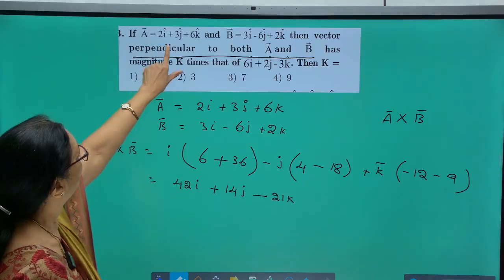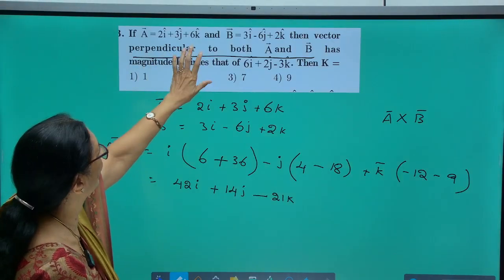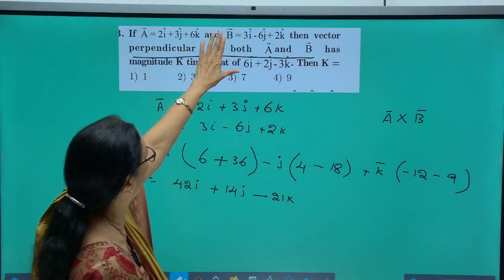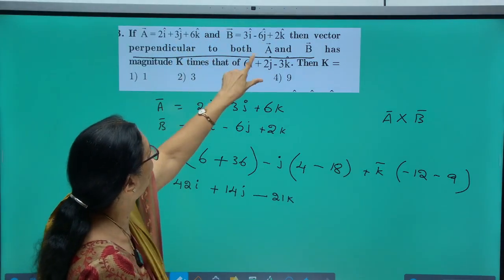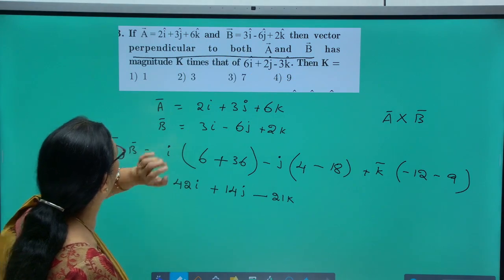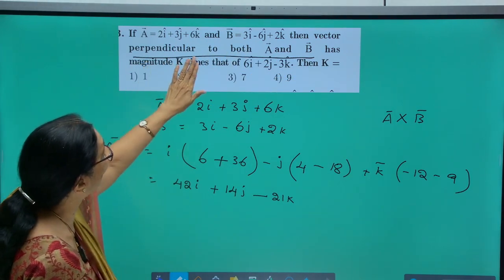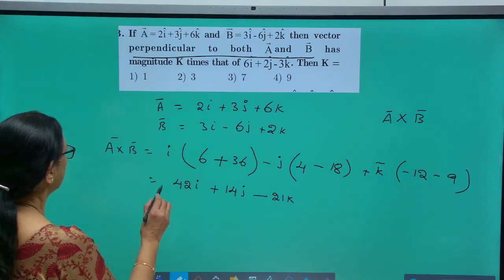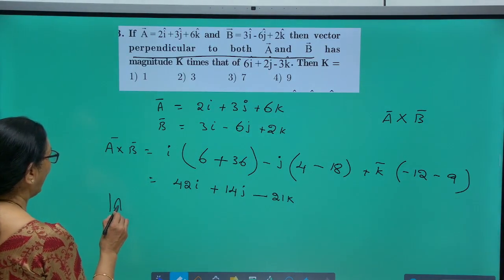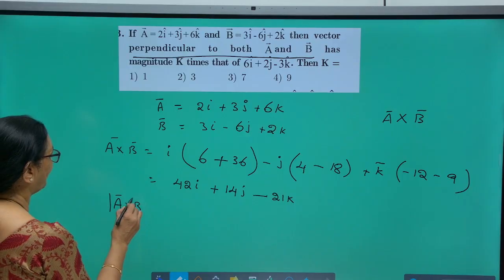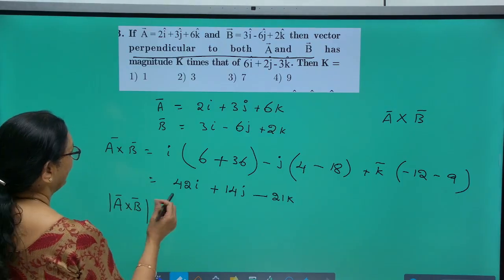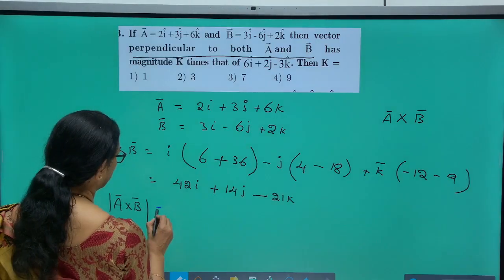So, here now read the problem once again. A bar, B bar are given, then the vector perpendicular to both A bar and B bar has magnitude k times that vector. So, let us find out the magnitude of the vector which is perpendicular to both A bar and B bar. That is, we need to find out this magnitude.